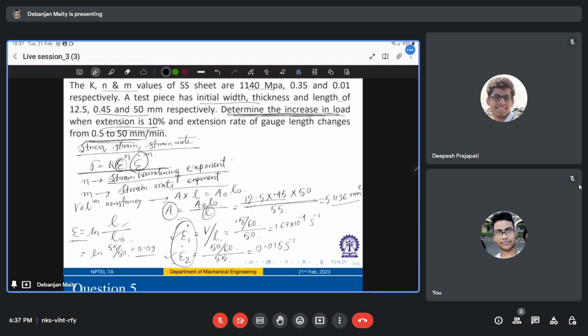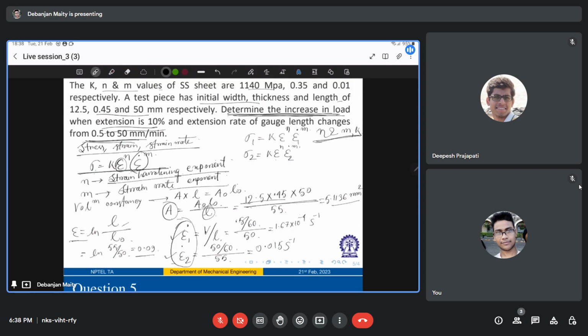So sigma 1 will be k into epsilon to the power n, epsilon 1 dot to the power m, correct? And sigma 2 will be k into epsilon to the power n, epsilon 2 dot to the power m, right? And n, m, and k, all three are known. So can you give me the values for sigma 1 and sigma 2?